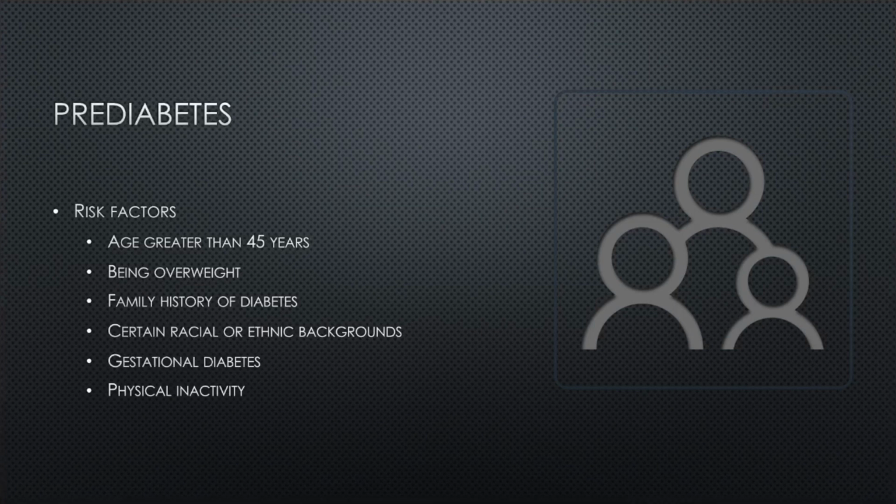Interventions affecting 2 specific factors can help prevent or delay the onset of type 2 diabetes by 58%. Losing 5 to 7% of the patient's body weight would reduce your rate of conversion to diabetes, and then getting at least 150 minutes of physical activity per week. So diet and exercise are the true preventative measures for prediabetes.